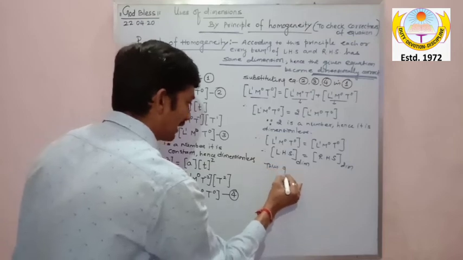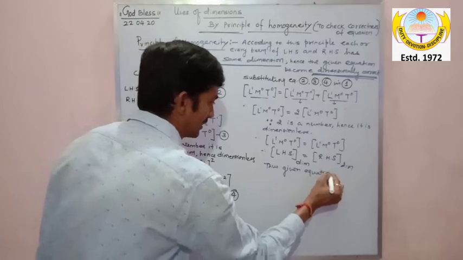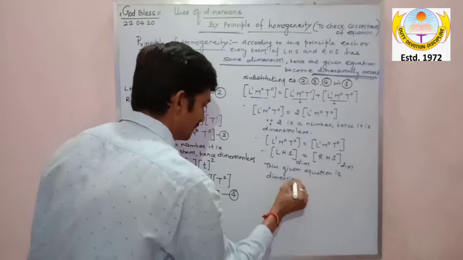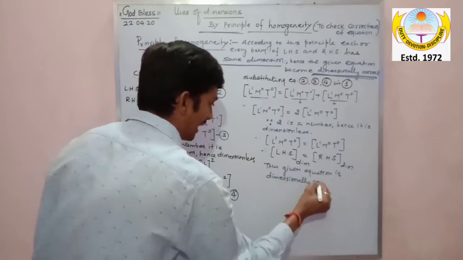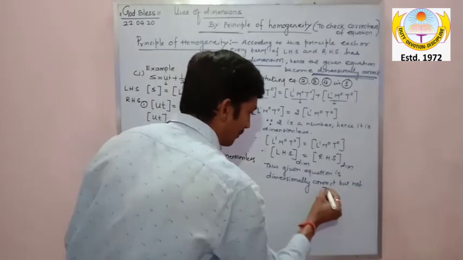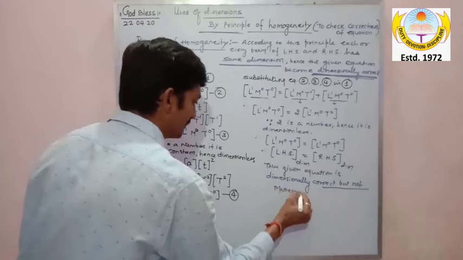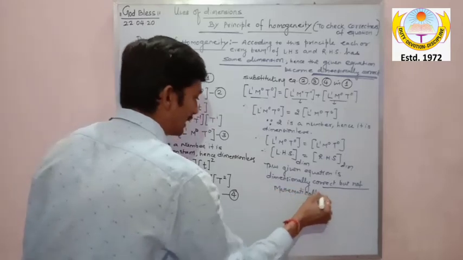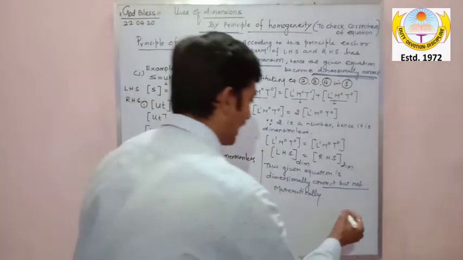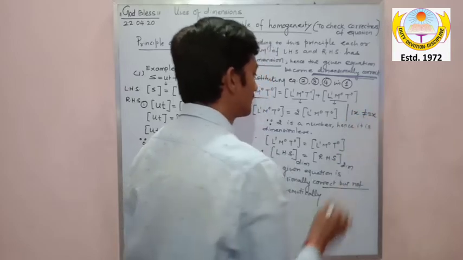Thus, the given equation is dimensionally correct, but not, I am writing this line, I am specifying this, but not mathematically. Why not mathematically? Sir, I have given this example, 1x cannot equal 2x.